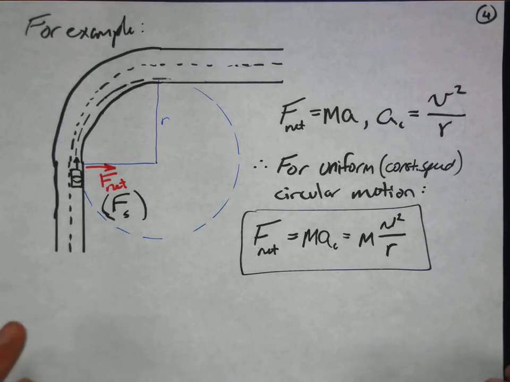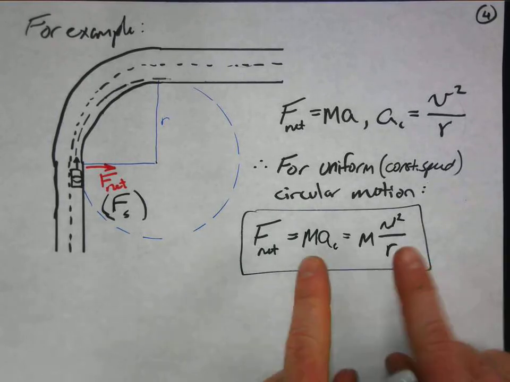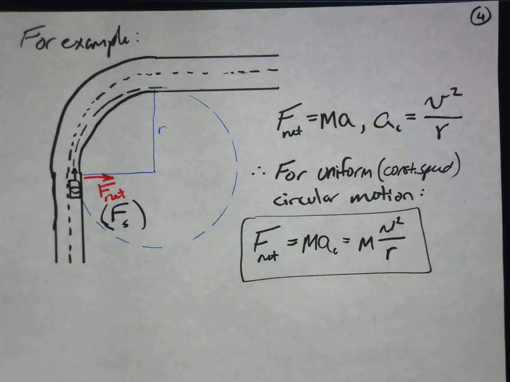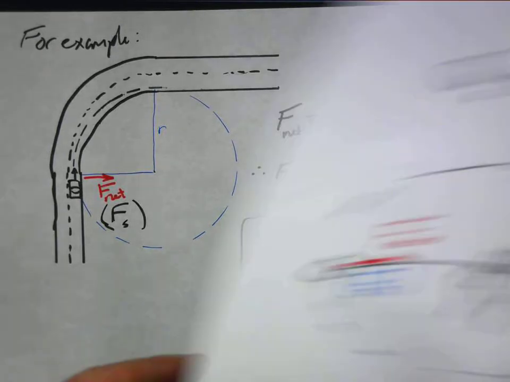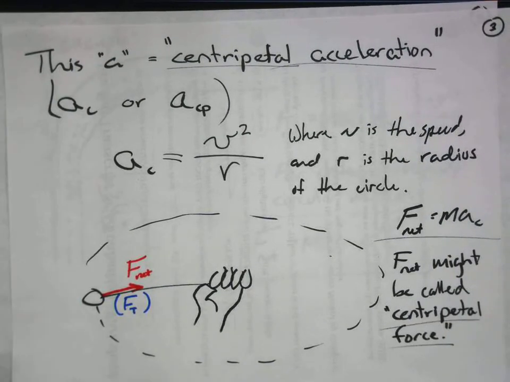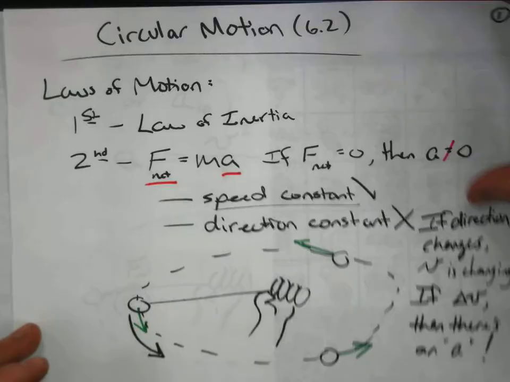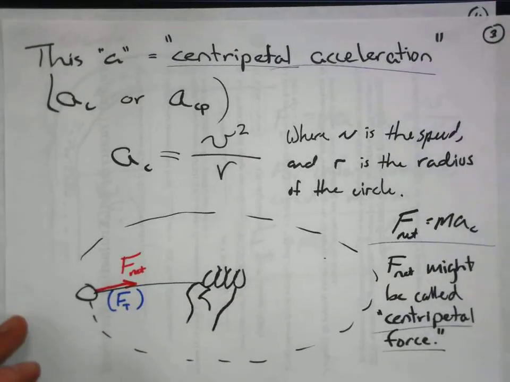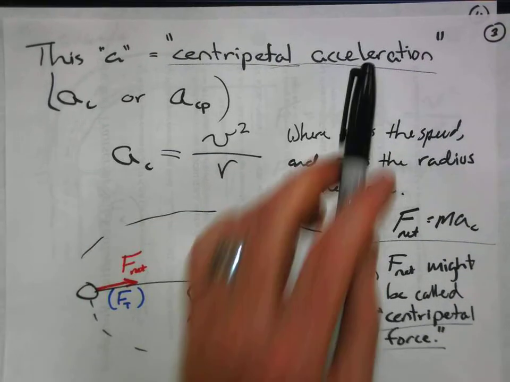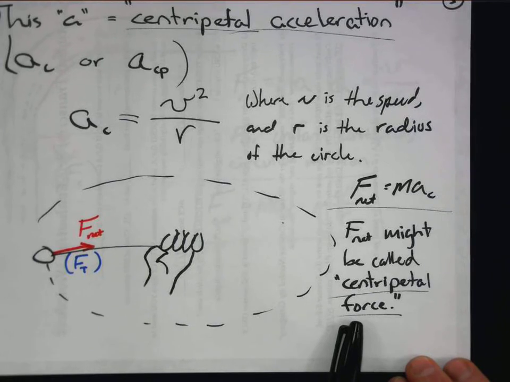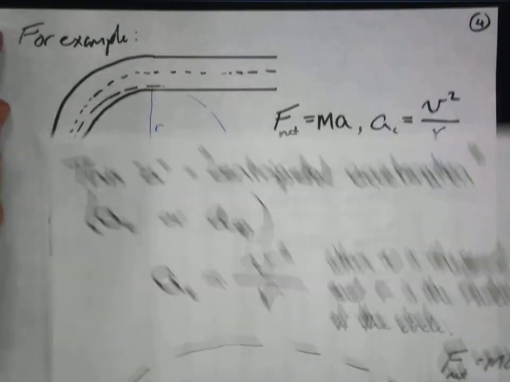Now, this is all well and good. This is a very simple equation that you can work with, and the idea of swinging something around in a circle is an easy one to imagine and deal with, right? But there's something else to consider. I've been saying words like centripetal acceleration, centripetal force. And those are words you may not have heard before.